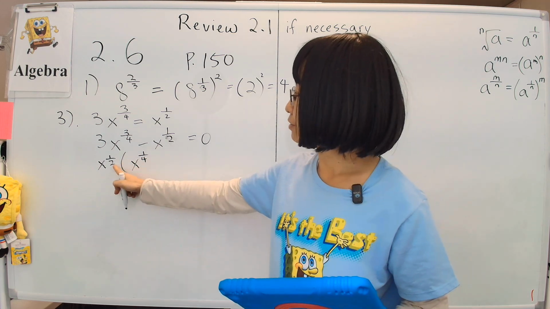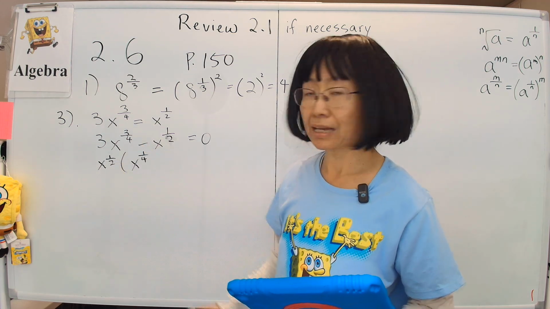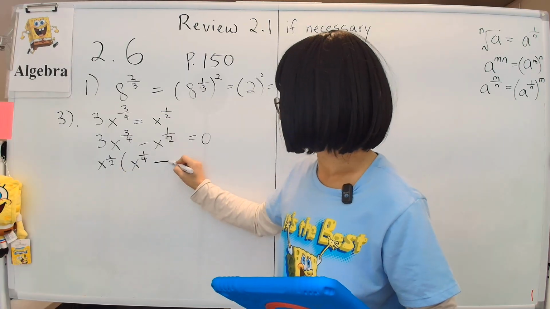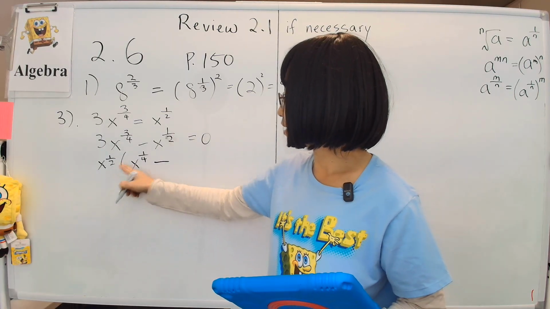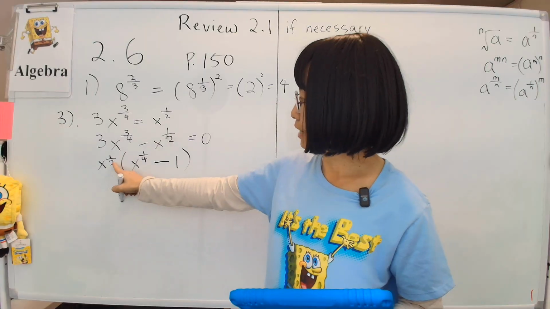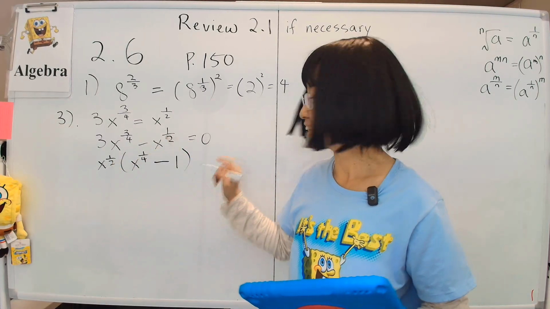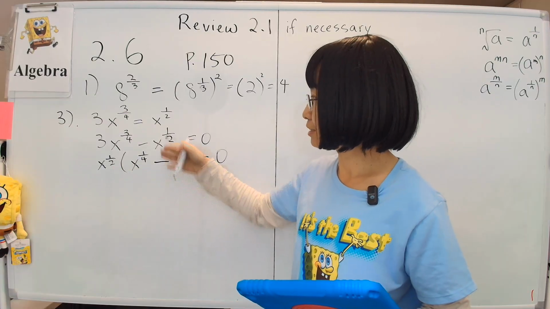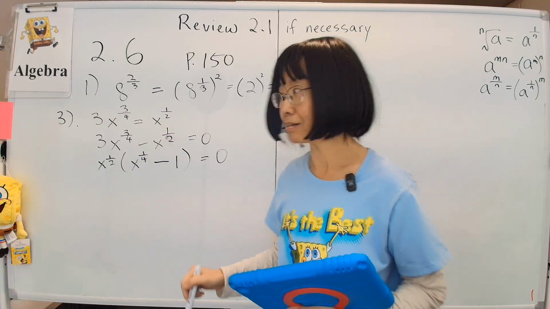And when you add 1/2 plus 1/4, it is 3/4. So that's that. Next, when we pull out x to the power 1/2, there's nothing left here except 1, because 1 times x to the 1/2 equals x to the 1/2. So that's what factoring does. When you multiply it out, it should come back to what we started with.